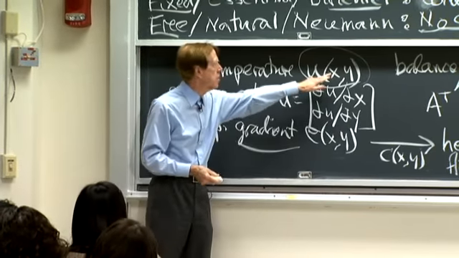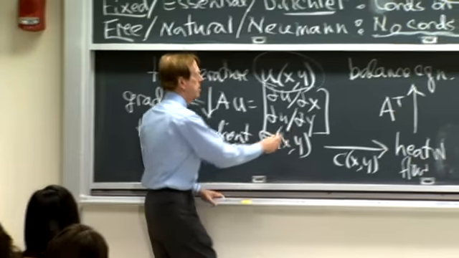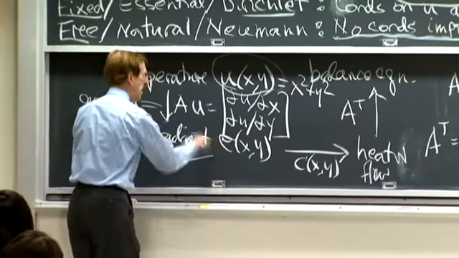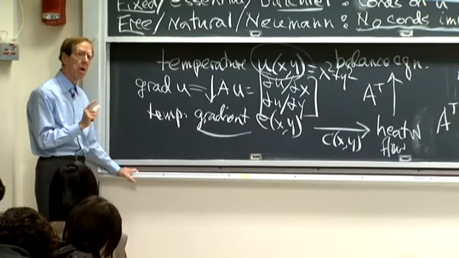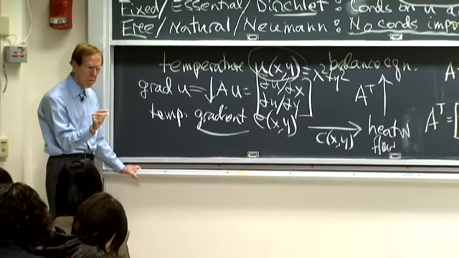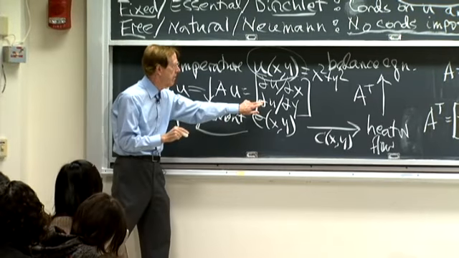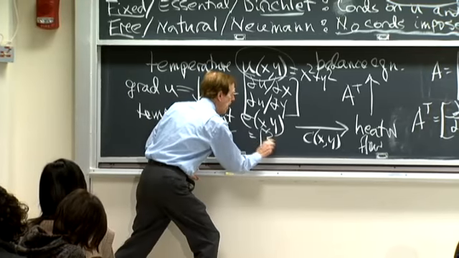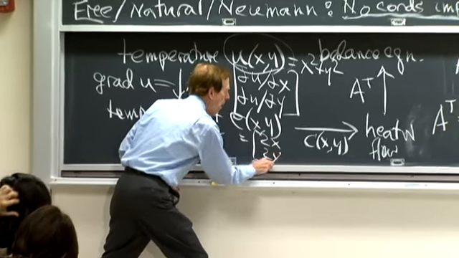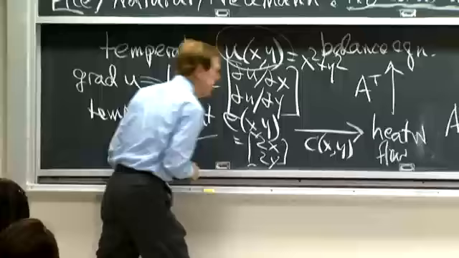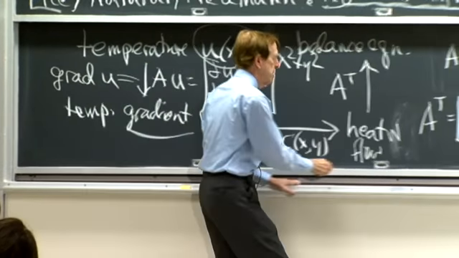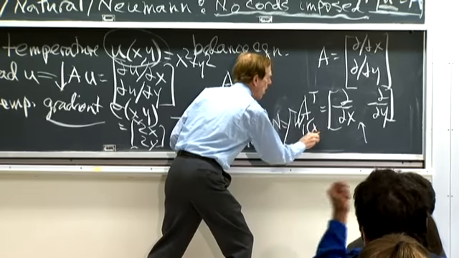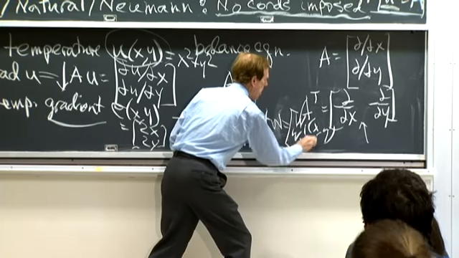Let's have a specific example. What would E then be? It's got two components, right? It's got an x derivative and a y derivative. E is a vector, 2x and 2y. Then I multiply by c. So this W has two components. This has got a W1 of x and y, W2 of x and y.